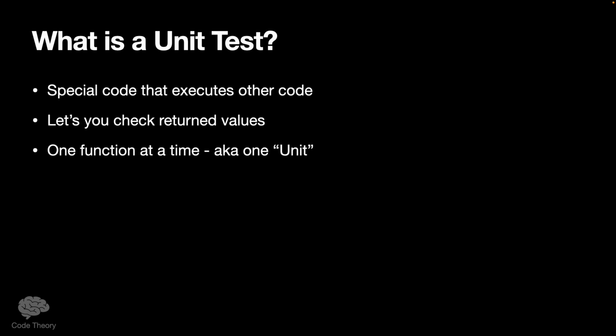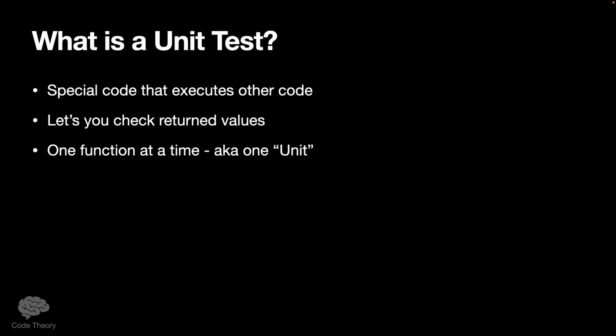And you do unit tests, as I was saying, typically one function at a time. So rather than testing an entire set of functions all at once, or putting an entire class or struct under test, usually each unit test that you create will exercise the code of one function.